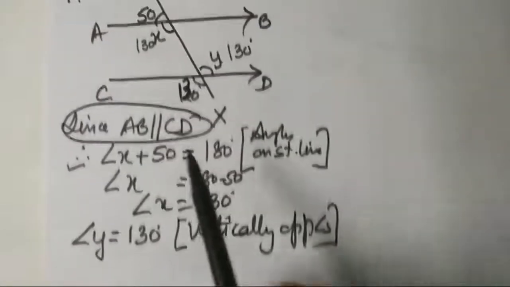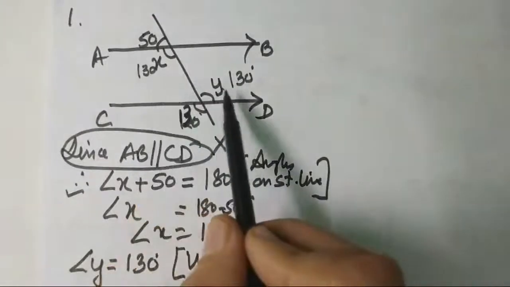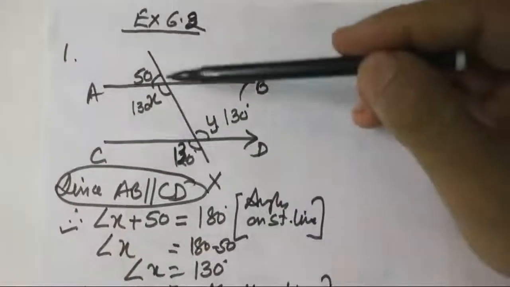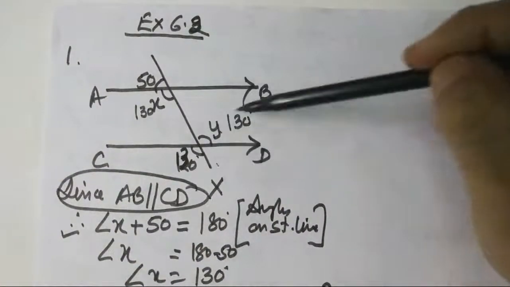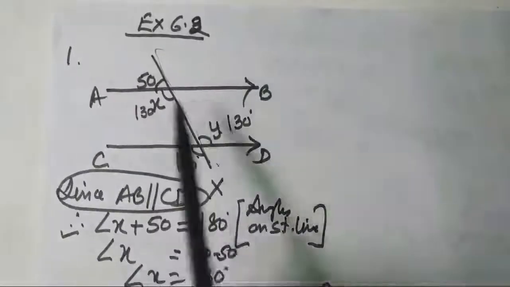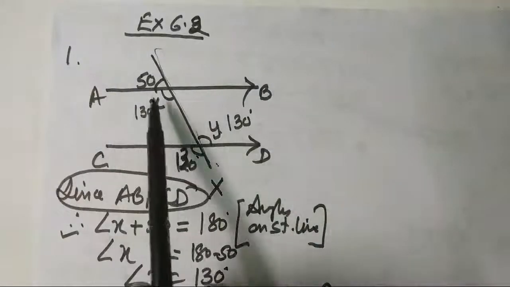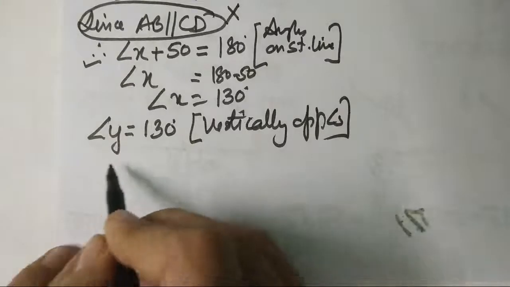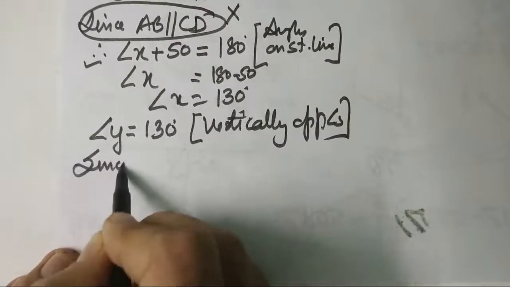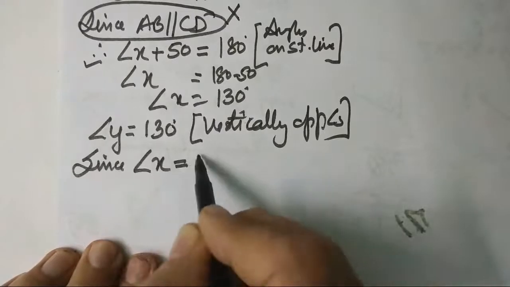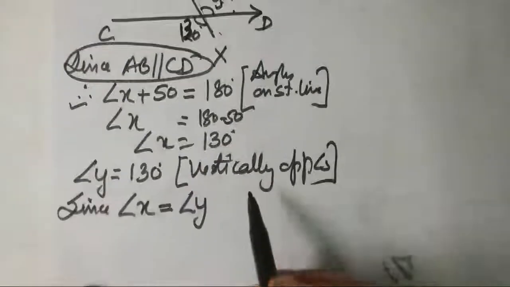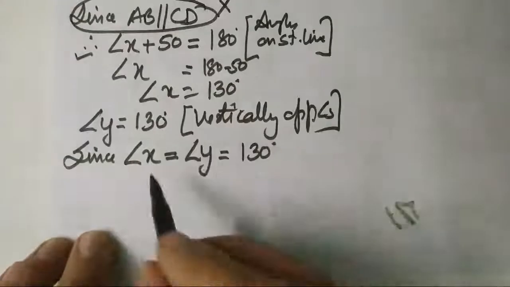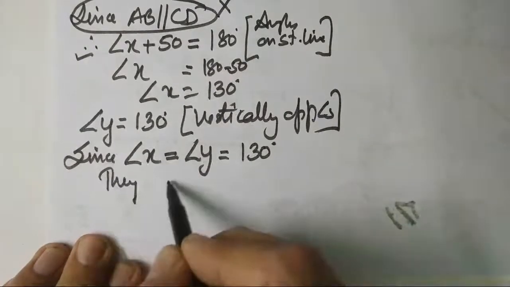Now I will write, since angle x is 130 and angle y is 130, they are on the opposite side of transversal. So this is a transversal, the line which cuts the two parallel lines. Therefore angle x and angle y will be alternate angles. Since angle x is equal to angle y, they are both 130 degrees, so they are alternate.